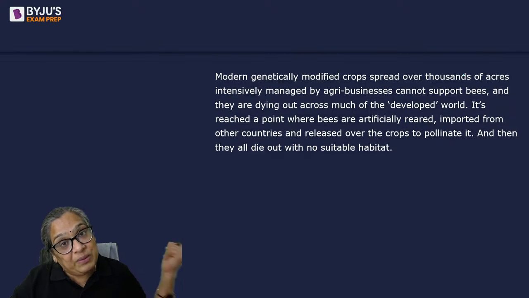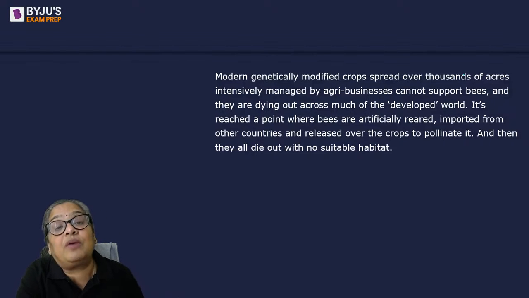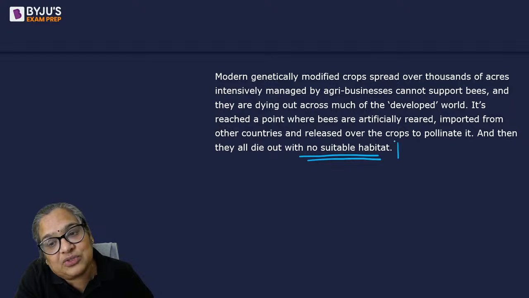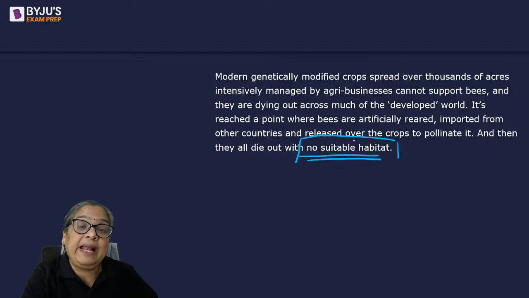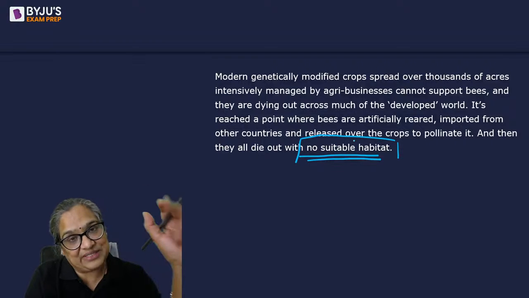We are trying to import bees from here and there so that our crops get pollinated. Our natural crops are getting pollinated, but bees cannot live on genetically modified plants, so they do not have any suitable habitat. So with the dying out of bees, we are going to lose a lot of natural crops and plants. That is number one.